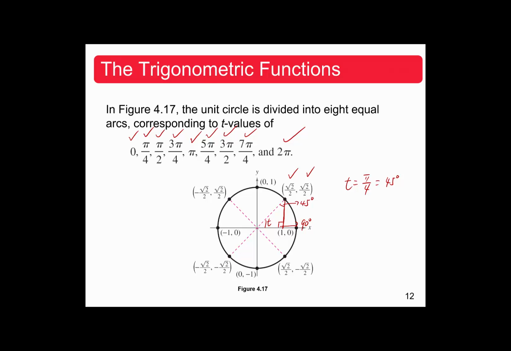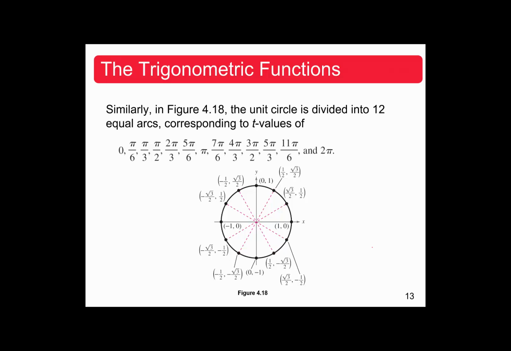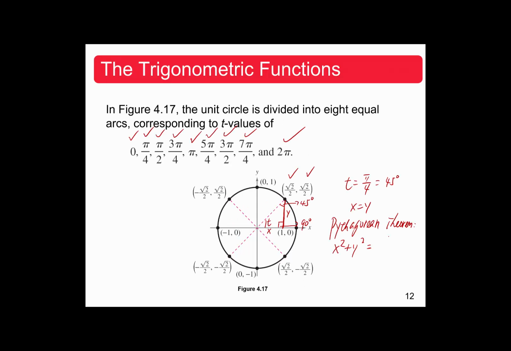So basically we have an isosceles triangle, so assuming this is the x coordinate and that's the y coordinate, because of that, x equals y. So we can set up an equation using the Pythagorean theorem. Because it's a right triangle, x squared plus y squared equals r squared, which is 1 squared.